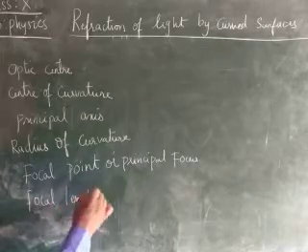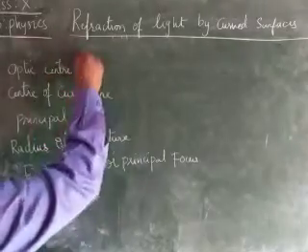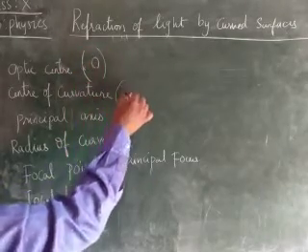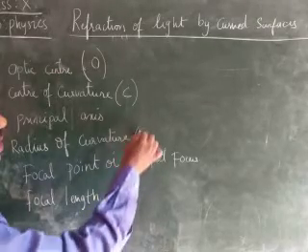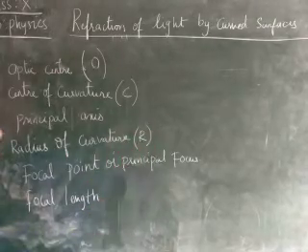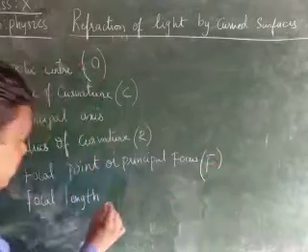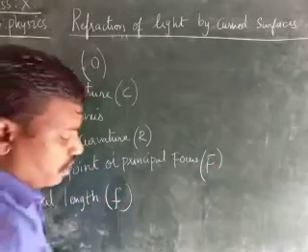Instead of pole we are writing optic center. Optic center is denoted by O, center of curvature by C, principal axis we won't represent with any letter. Radius of curvature is R, focal point is F, focal length is small f. You know all these terms.